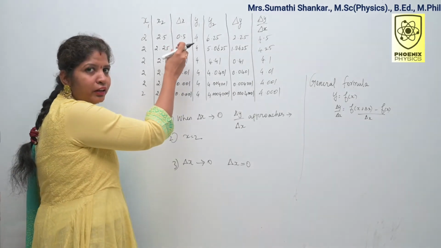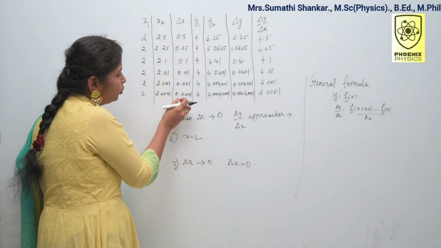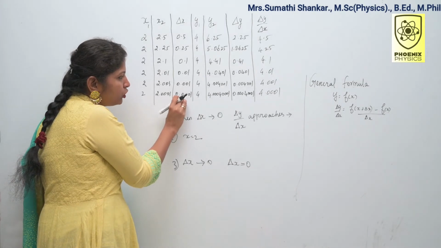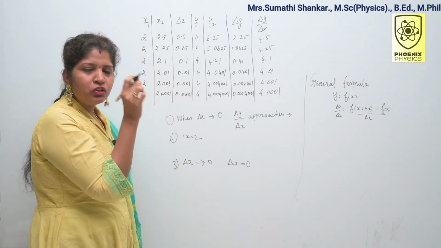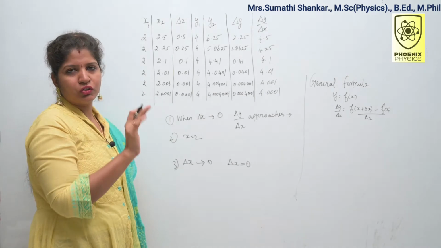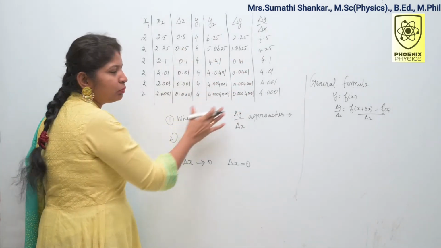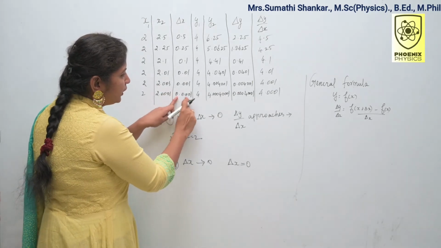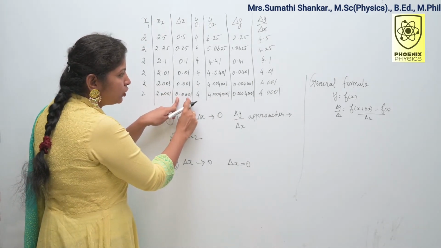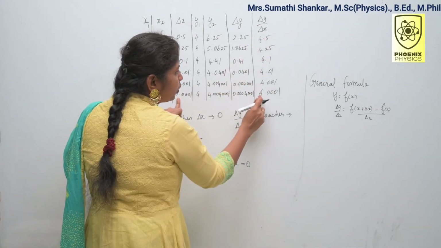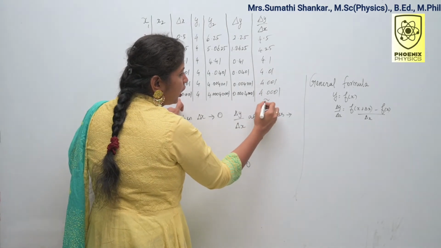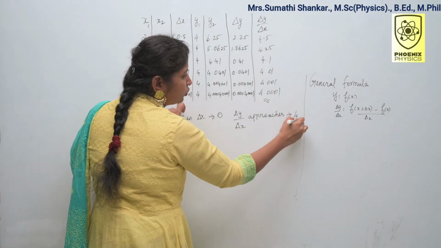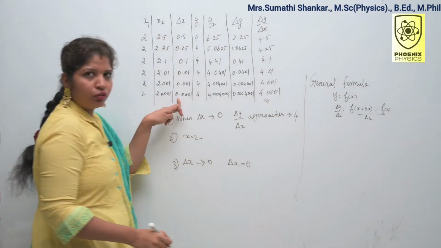Like that I reduced delta x value up to 0.001. It tends to 0 but not 0. So from this tabular column we can get the result as, when delta x tends to 0, this delta y by delta x is approximately equal to 4, or it approaches 4.